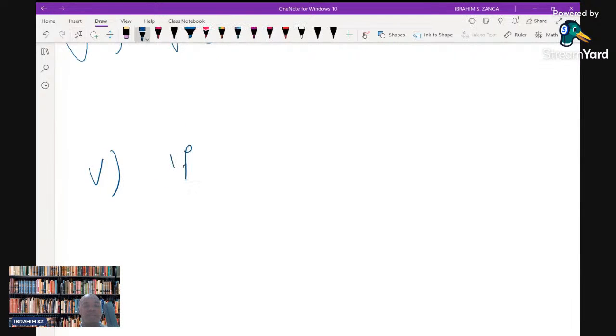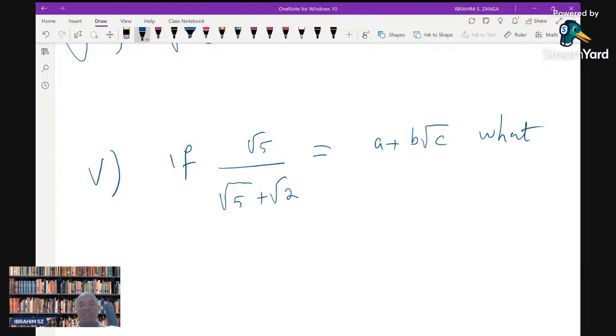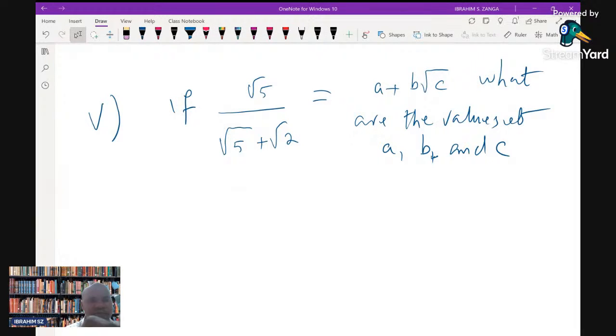So if square root of 5 over square root of 5 plus square root of 2 equals a plus b square root of c, what are the values of a, b, and c?